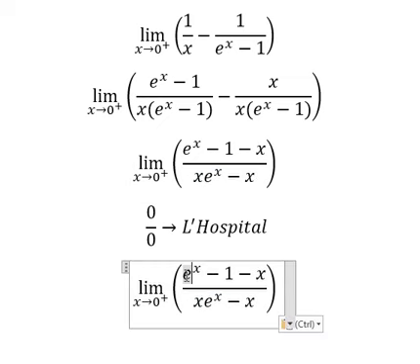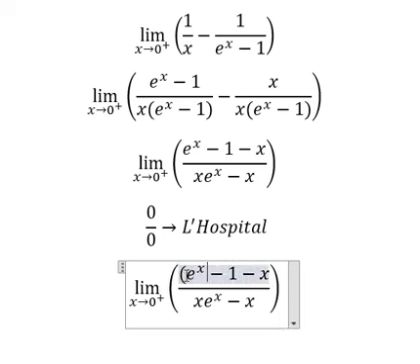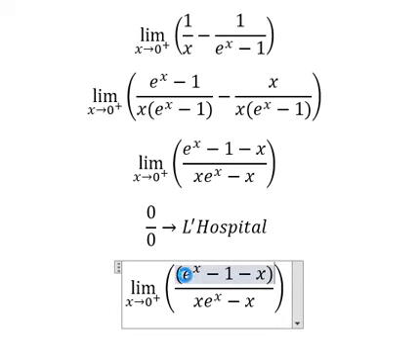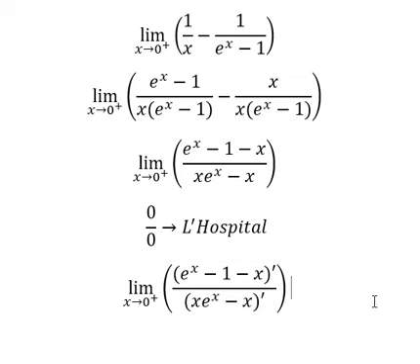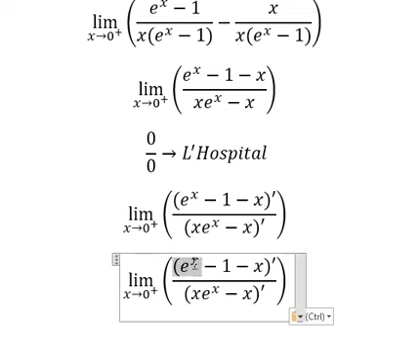Now we need to do first the derivative on numerator and denominator. So this one we have e to the power of s. This one you got number 0. This one we have number 1.